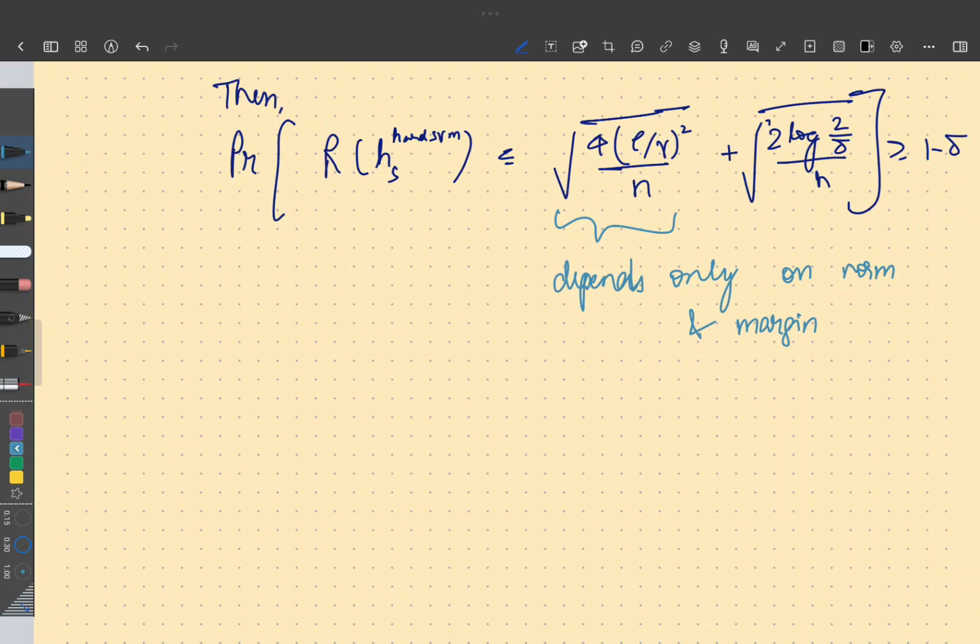So similarly, for soft SVM, now I can't really give a margin guarantee because fundamentally the data set is not linearly separable.